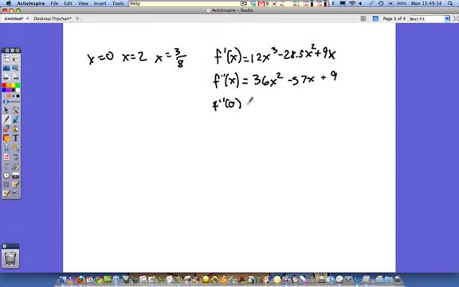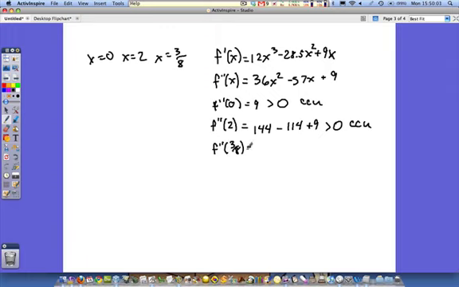So f double prime of 0 is equal to 9, which is greater than 0, therefore it's concave up. F double prime of 2 is equal to 36 times 4 is 144 minus 114 plus 9. That's greater than 0. This is concave up. F double prime of 3/8 is equal to, now I'm going to have to figure this one out.